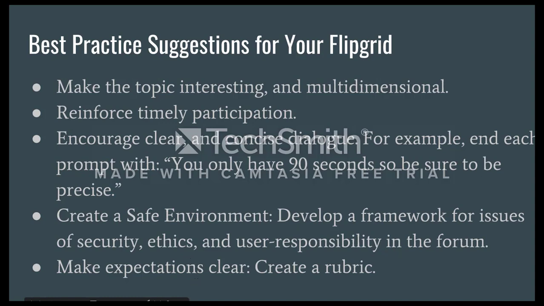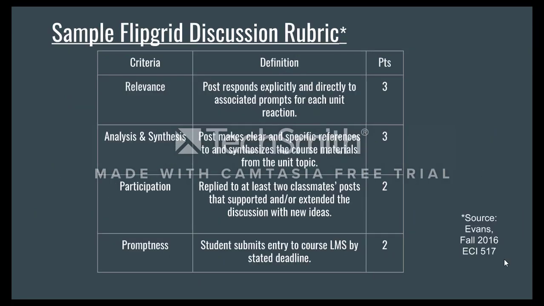and their assessment. So on the subject of rubrics, I would be remiss if I didn't provide you with a sample rubric as you implement your Flipgrid discussion boards into your learning environment. This was pulled from my ECI 517 syllabus with the instructor that introduced me to the tool, Dr. Evans.